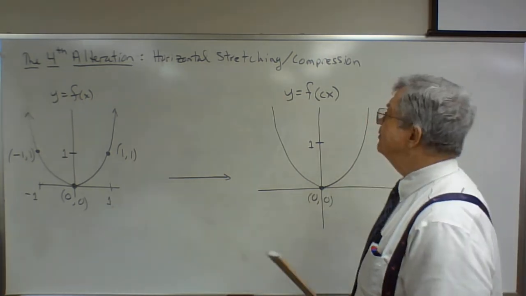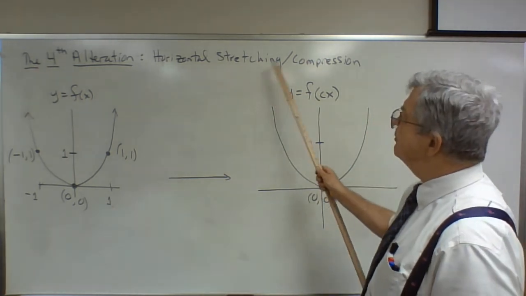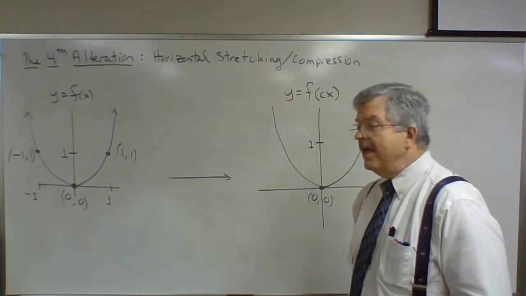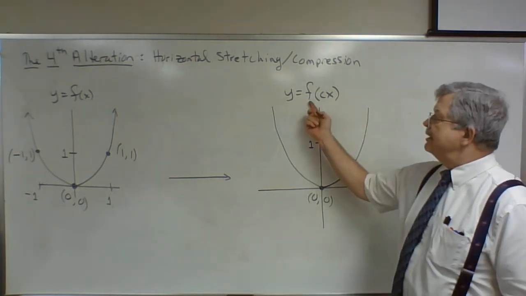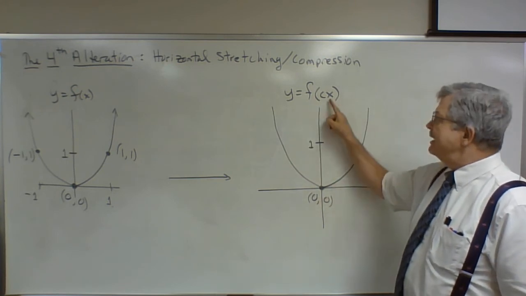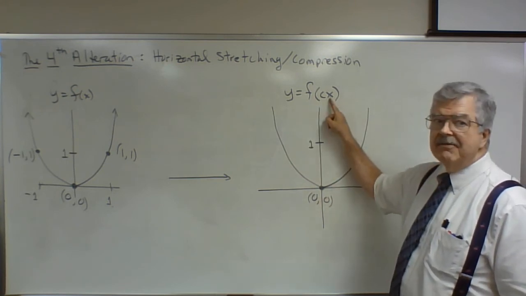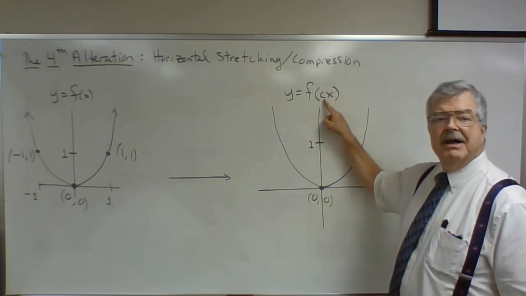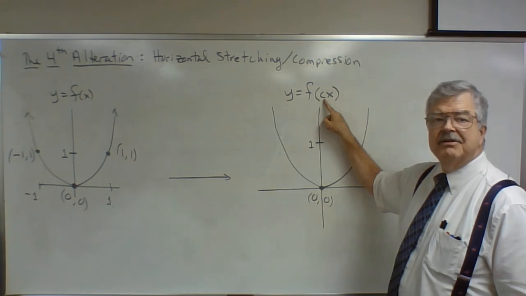The first alteration has to do with stretching and compression horizontally. And the way that a function can be stretched or compressed horizontally is by taking x, not f of x, but x, and multiplying it by some constant c.